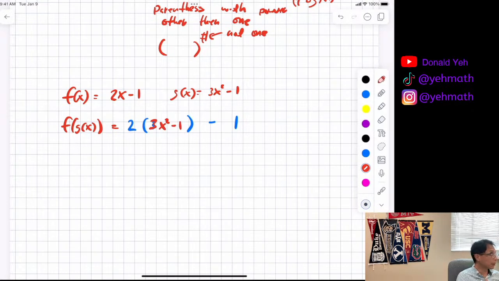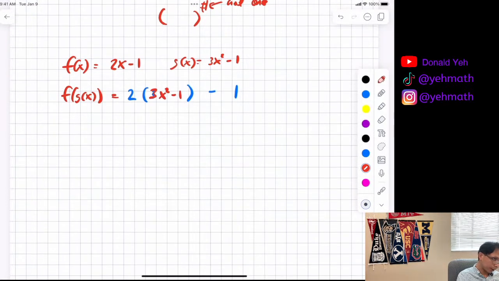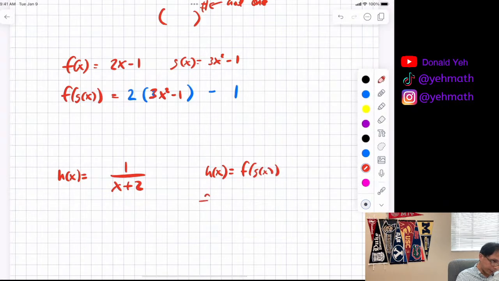Now, what if I ask you a question backwards? If I have h of x equal to 1 over x plus 2, and h of x equals f of g of x, can you tell me what is f of x here, and what is g of x here? I'm asking the question backwards.